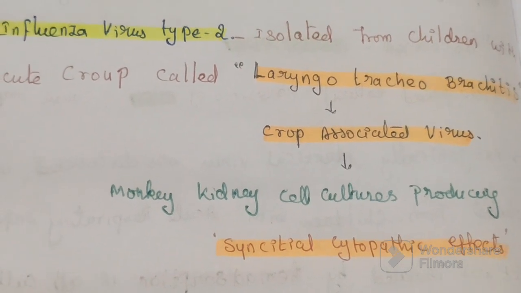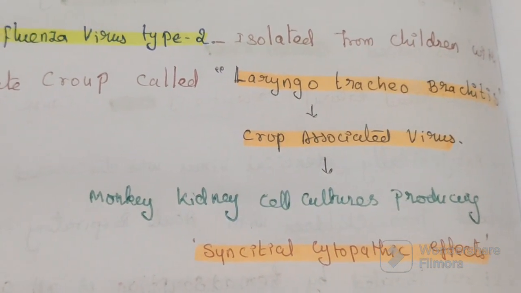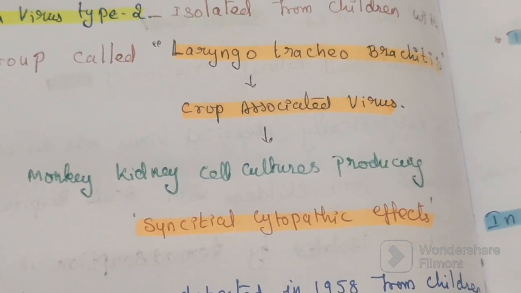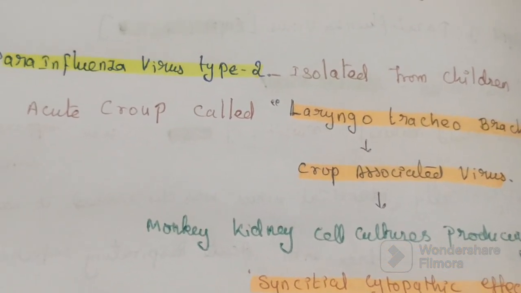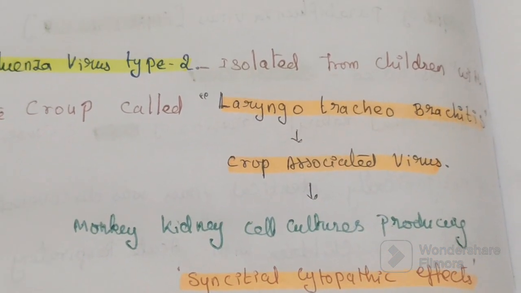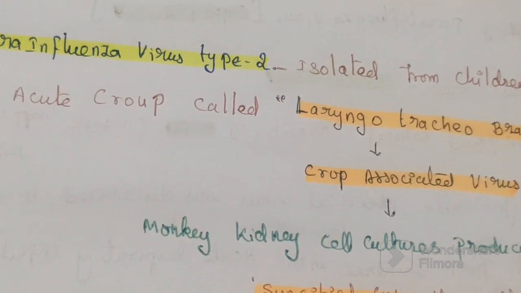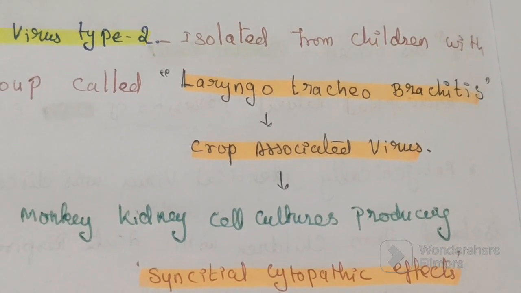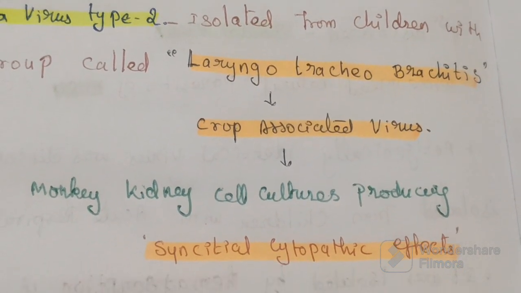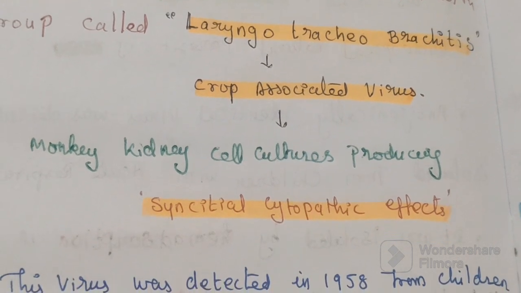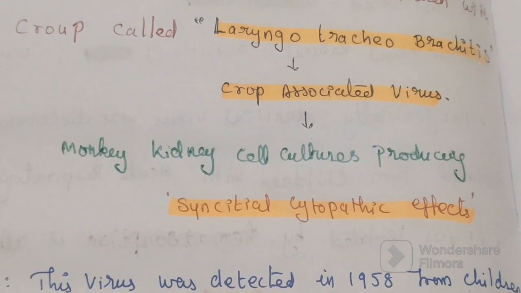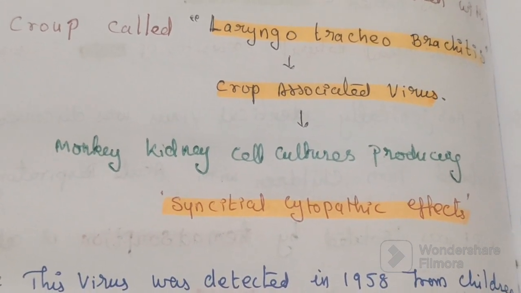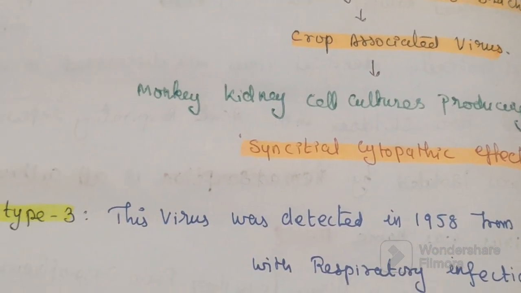Only type 2 parainfluenza virus produces a cytopathic effect, that is syncytial cytopathic effect.